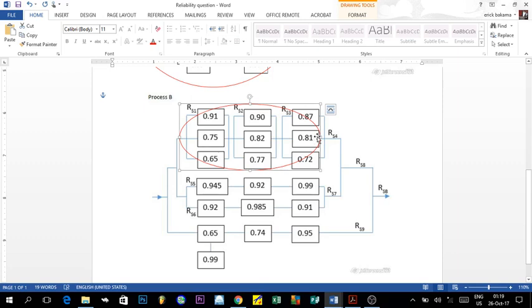After 4 we have 5, which means we need to go to RS5, and this is RS5 according to our map. This is RS5 because RS5 is down here and the line is like this. Now that means it's 3 components in series, 0.945, 0.92, 0.99.